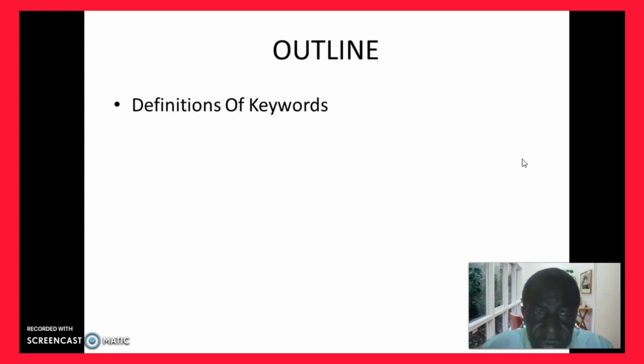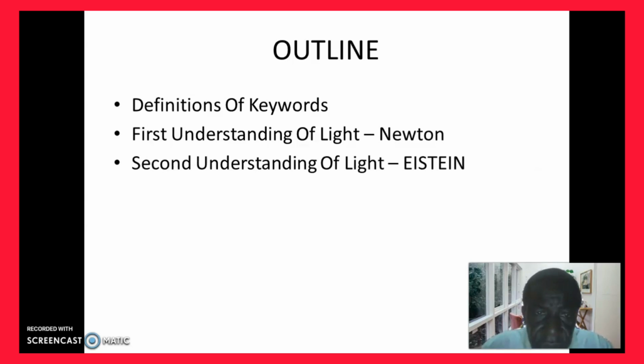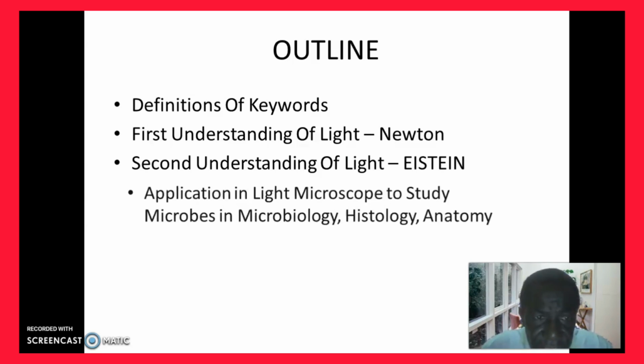Let's move on to the real proper study. Now let's look at the outline. The outline is as follows. Definition of keywords. The first, understanding of light by Newton and co-workers. The second, understanding of light by Albert Einstein and other great researchers like him.